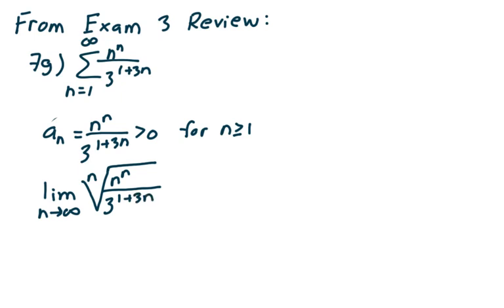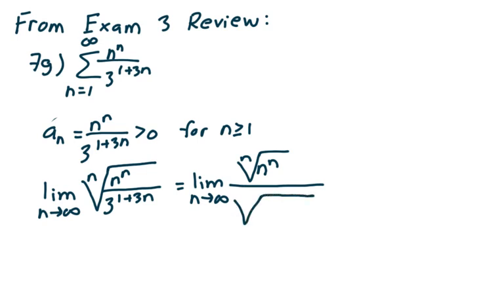Okay? Now, this is the limit as n goes to infinity of the nth root of n to the n divided by the nth root of 3 to the first times 3 to the 3n.